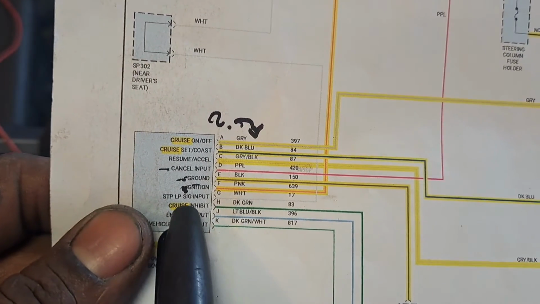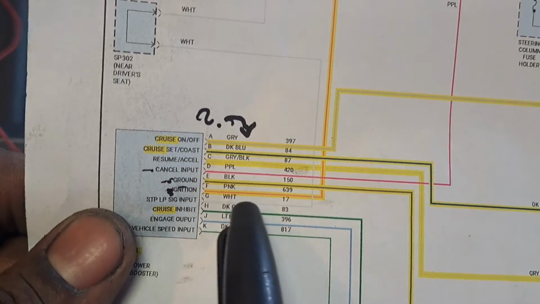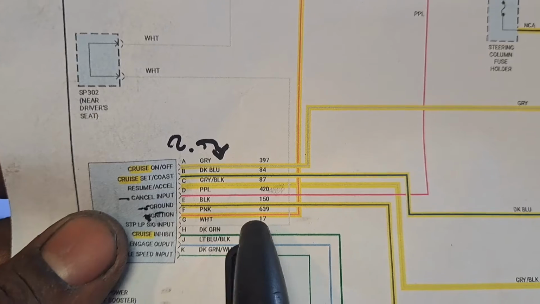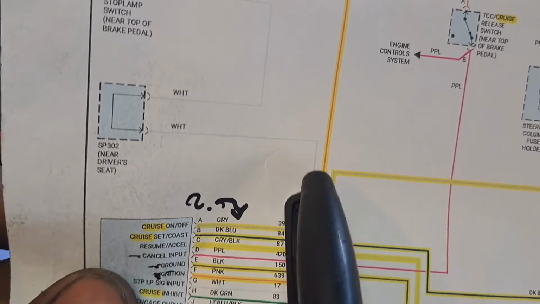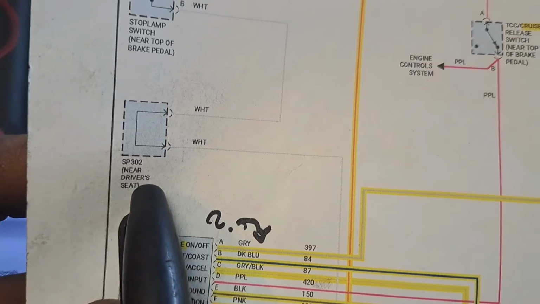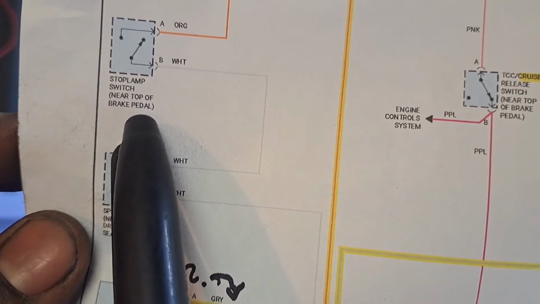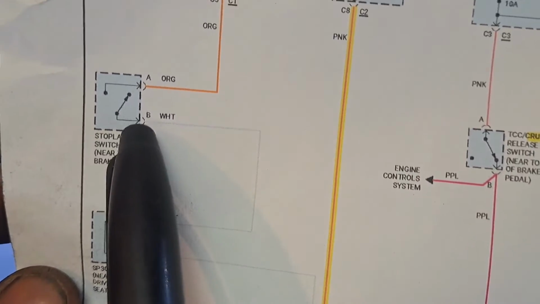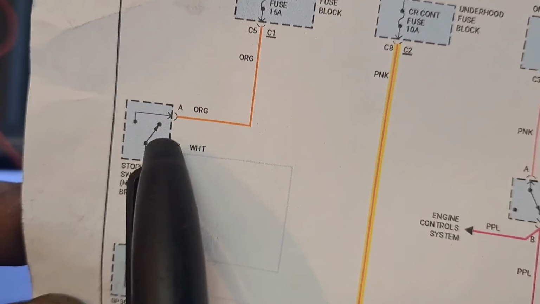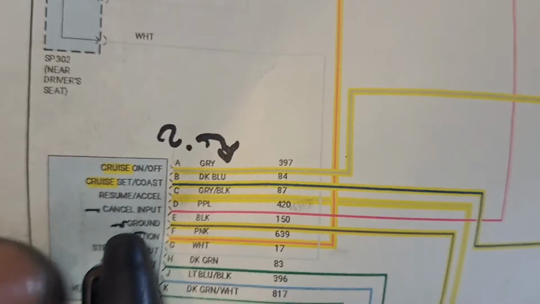So the stop lamp signal input here, pin G, is an open circuit. If we follow this white wire all the way up to this junction, this connector near the driver's seat, and go on over to the stop lamp switch near the pedal, it's naturally an open circuit. So if this sees 12 volts from the stop lamp fuse, this would deactivate the system also.